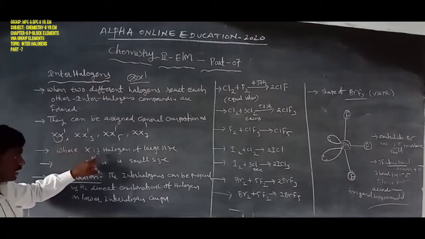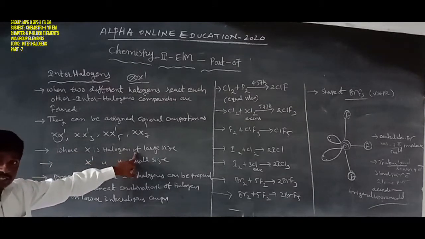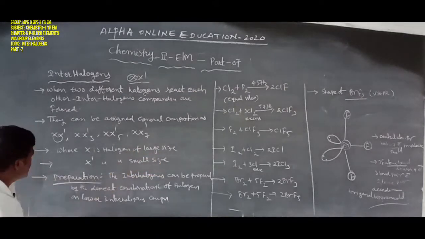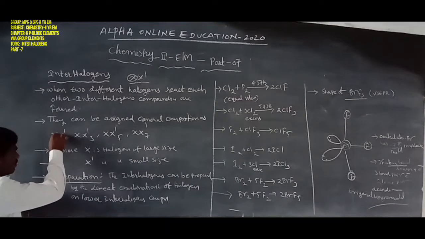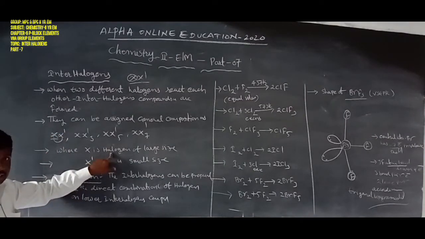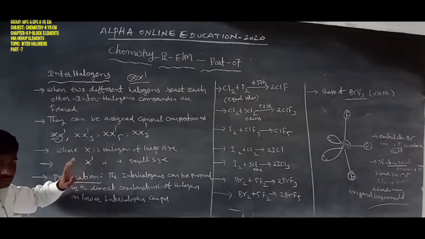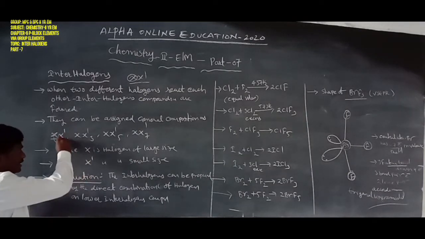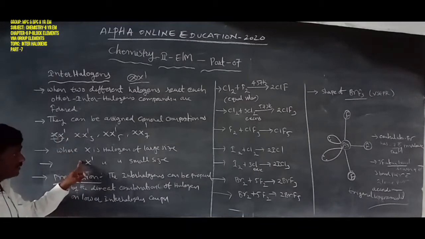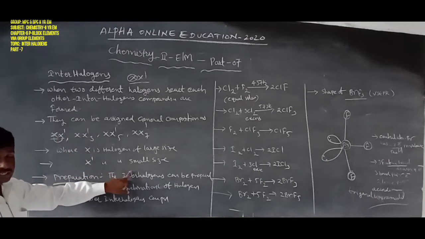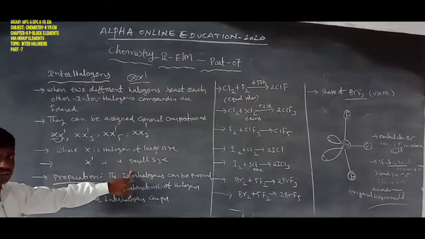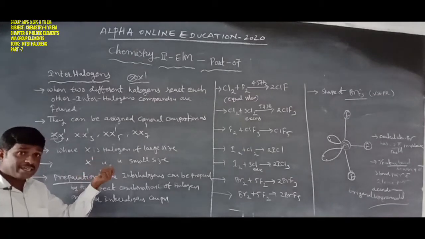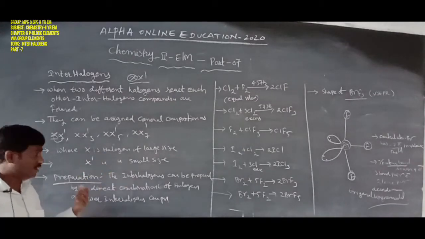Here X is the halogen atom with the larger atomic size. X dash is the halogen atom with the smaller atomic size. X is the larger halogen atom.